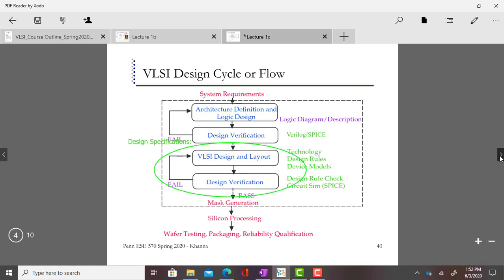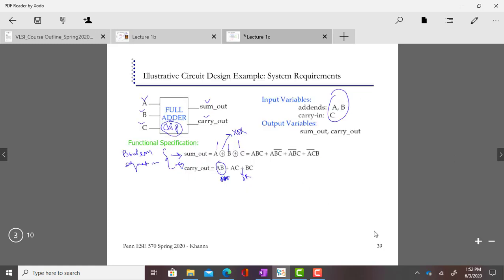The first step was this functional specification. This is the Boolean equation. For the Boolean equation, we write Verilog code, for example.